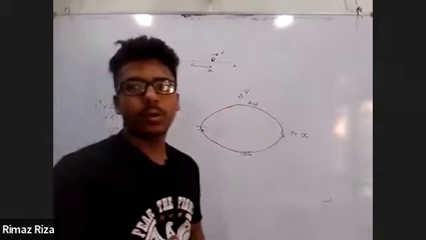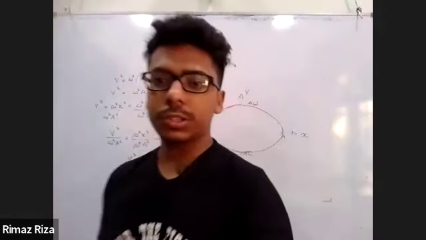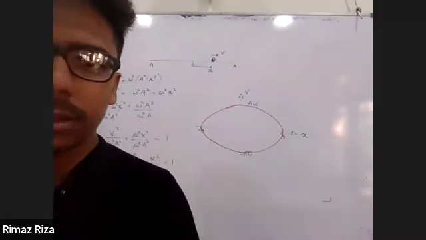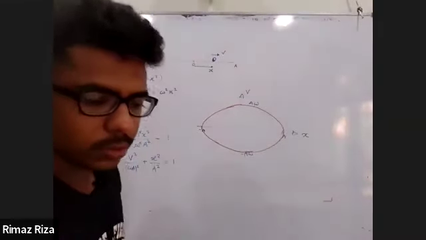So this is the graph of how the velocity of the particle in simple harmonic motion changes with its displacement measured from the center. You can draw this.